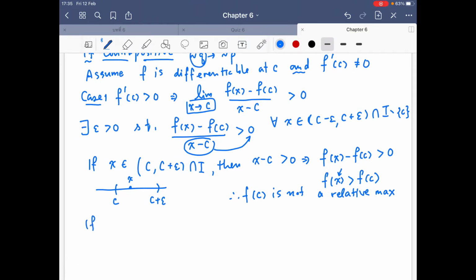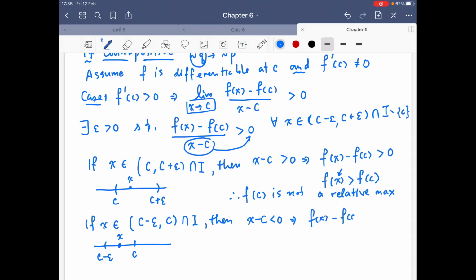And if x is on this side of the neighborhood, on the left hand side of c, here is c - epsilon and x is right there, then x - c is negative, and f(x) - f(c) has to be negative as well, in order for your quotient to be positive.